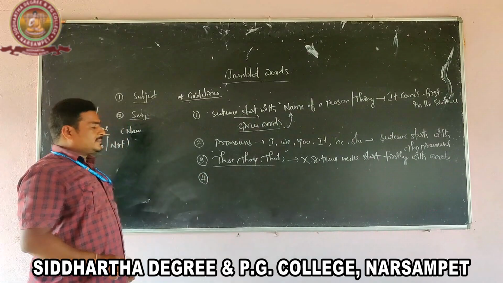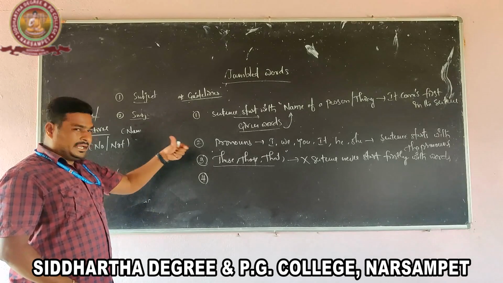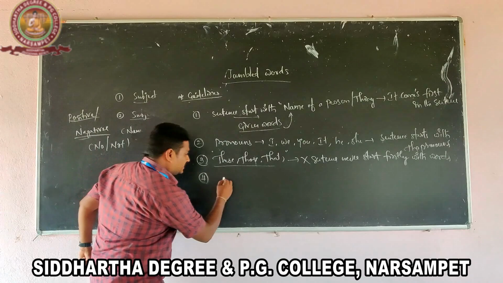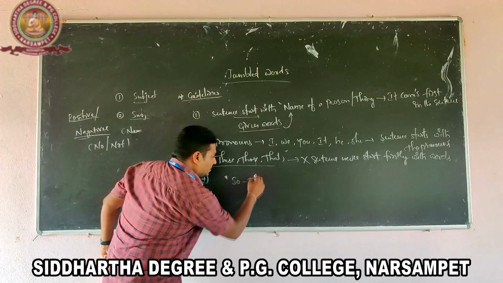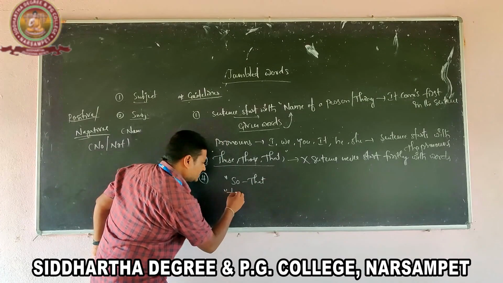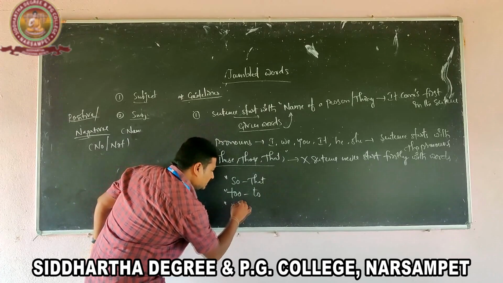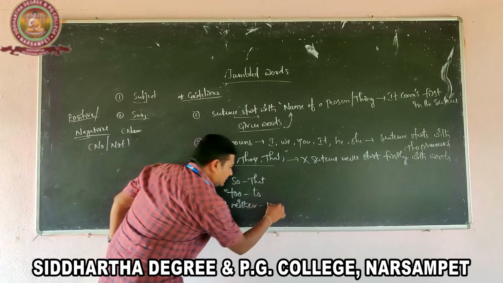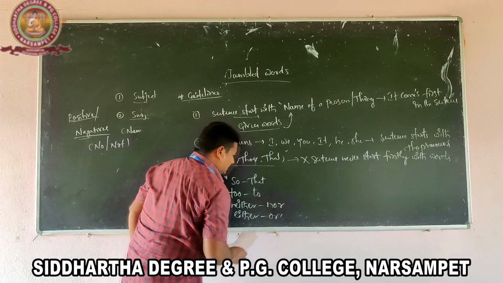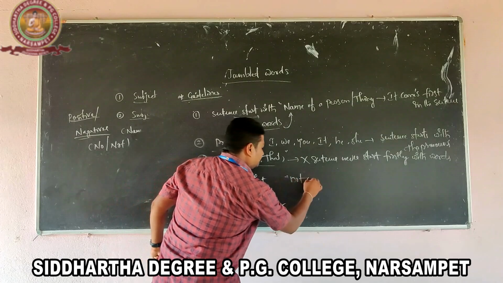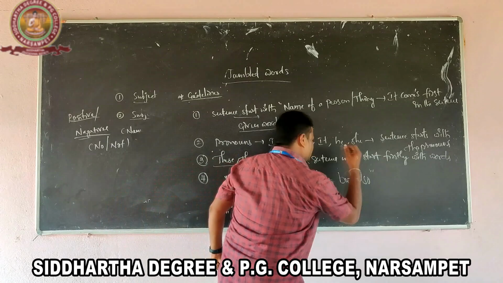Next, the fourth one is: there are some pairs of words in English, known as combinations of words. Just we say: so that, next, to, next, neither nor, next one, either or, next one, not only but also.